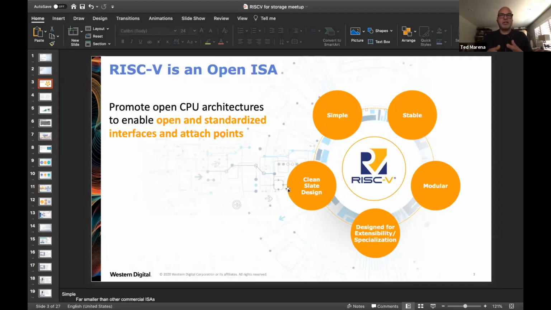It's a clean slate architecture. It doesn't have to support code that was written 20 years ago, so there's an inherent simplification to that. And another cool thing is you can do custom instructions. Those are potential leverage points for people to further differentiate their products and technology.